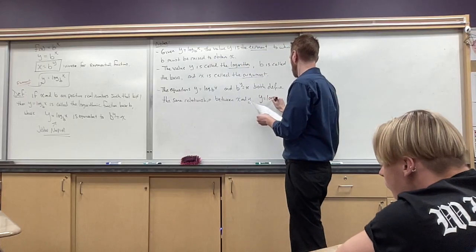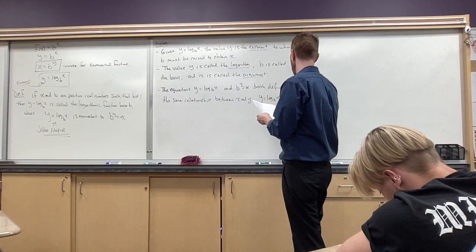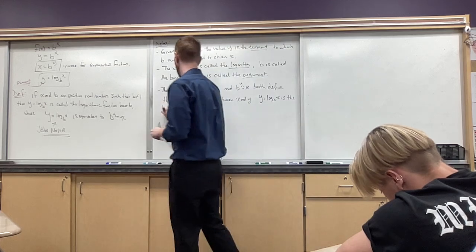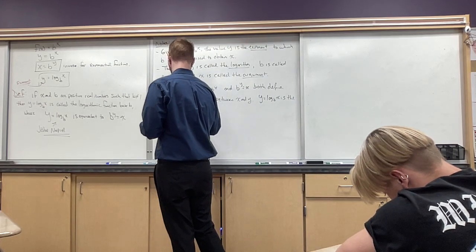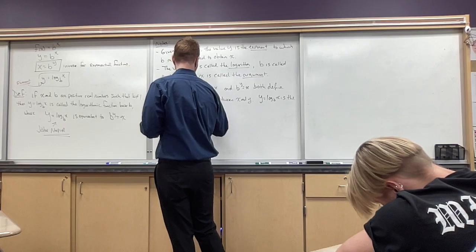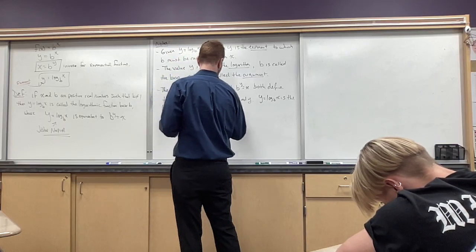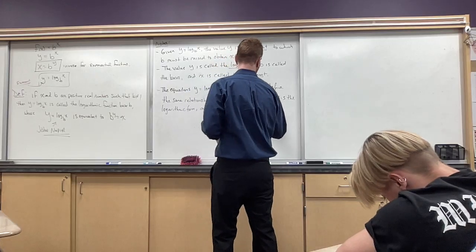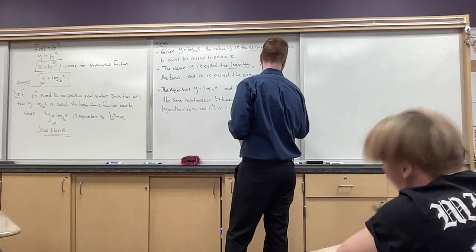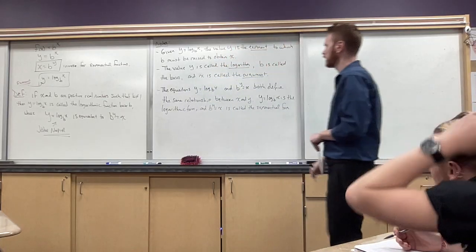Y equals log b to the x is the logarithmic form, and b to the y equals x is called the exponential form. So they are equivalent, okay?